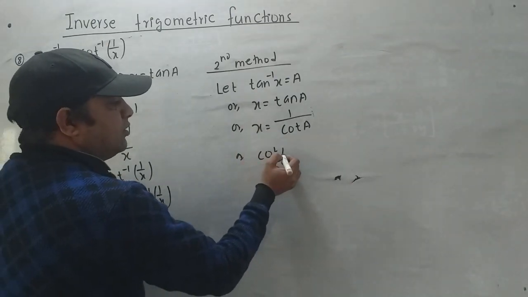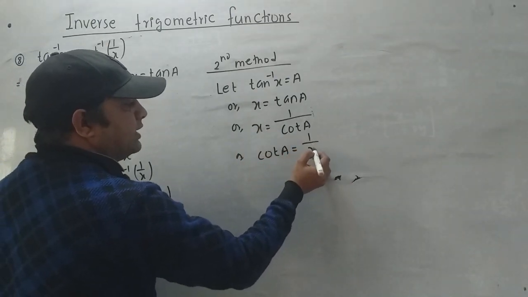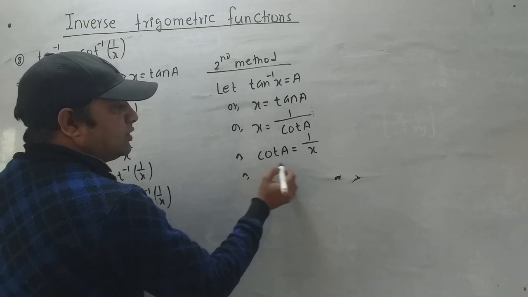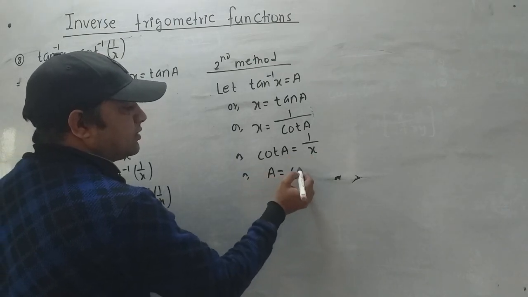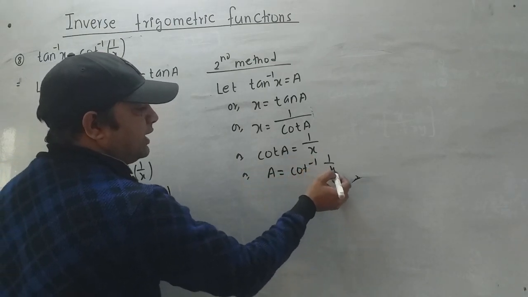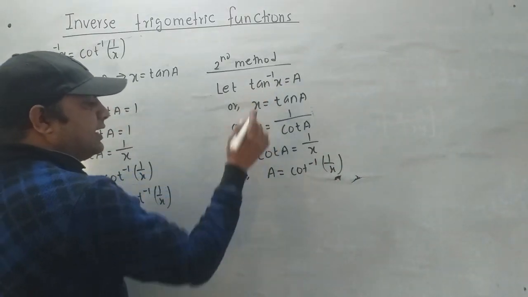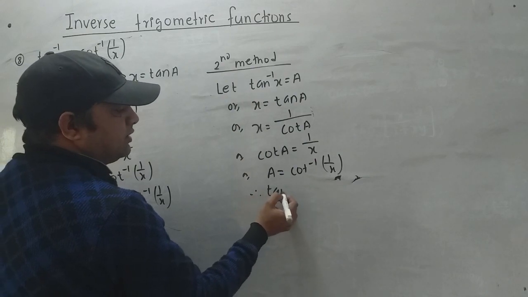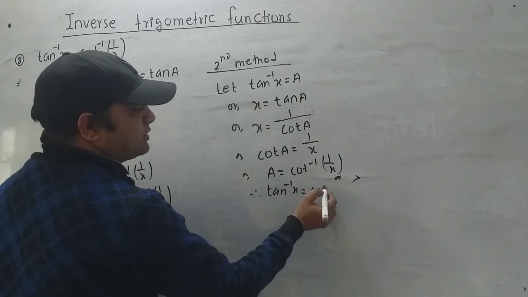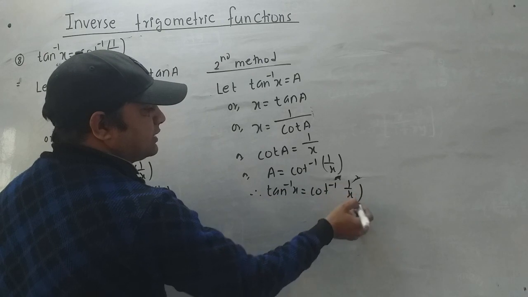So write cot a equals 1 by x, or cot to the next side, in the right hand side you can write cot inverse 1 by x. Now what is the original replacement for angle a here? Tan inverse x. So you write tan inverse x equals cot inverse 1 by x.